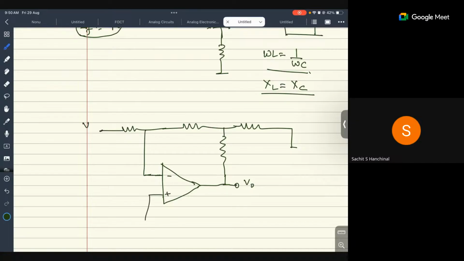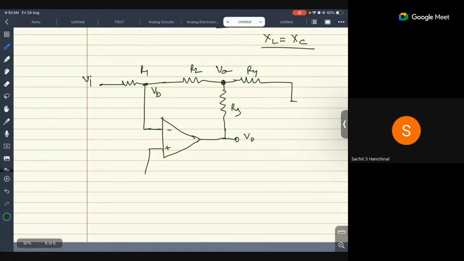This is the VI. R1, R2, R4, R3. Okay, so we assume that this voltage is VA. This voltage is VB. So can we apply KCL? The current that is coming will be distributed in two parts, one part this one and the second part this one.